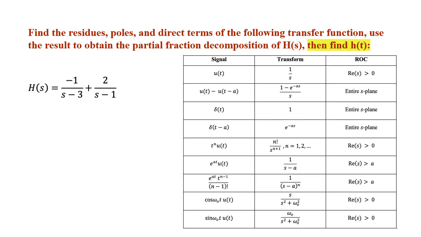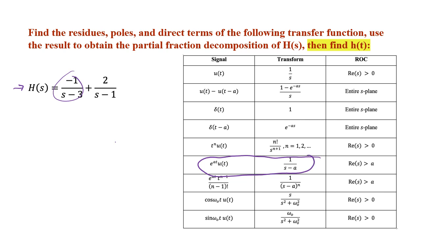Now to complete the last part of the question, which is finding h(t), we're going to refer back to the table we saw earlier. This is what we've derived in the previous slide. So now with the help of the table, we're going to find h(t), or the inverse of Laplace transform. So from the table, we're going to look up something that looks similar to this term, which is right here.